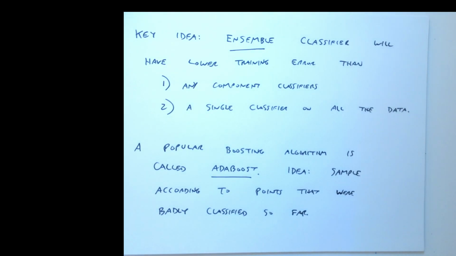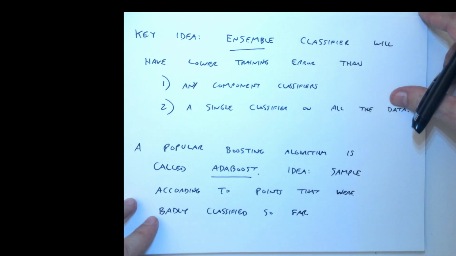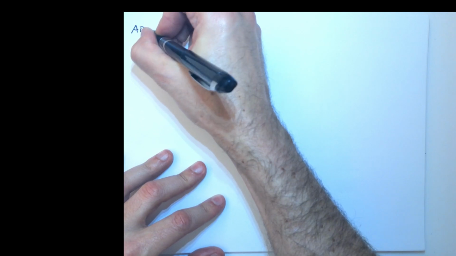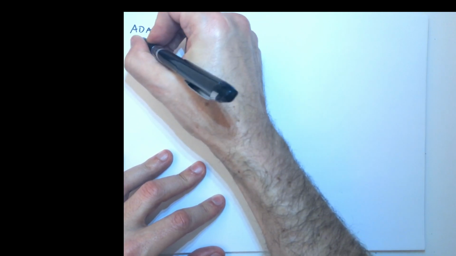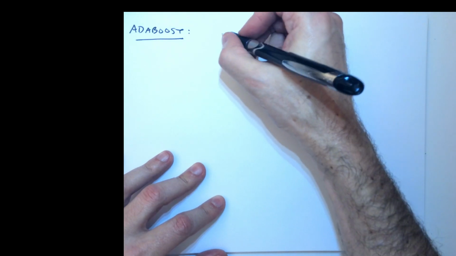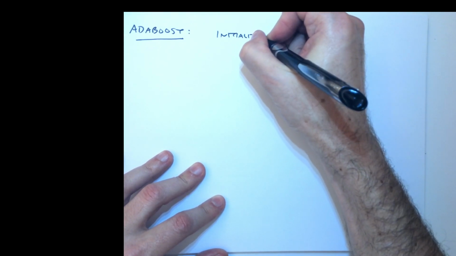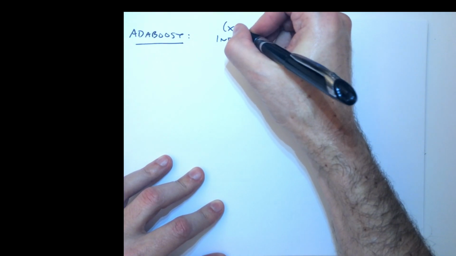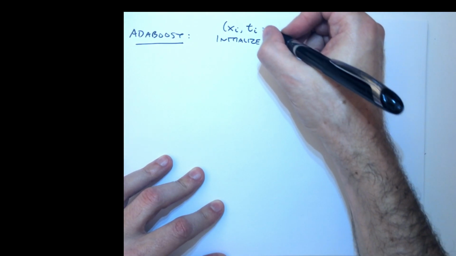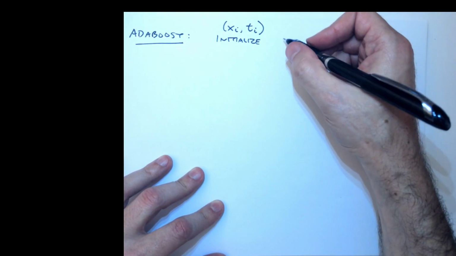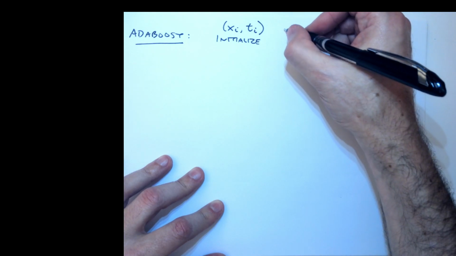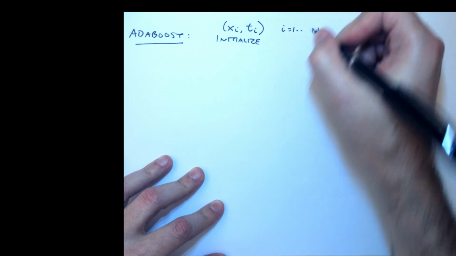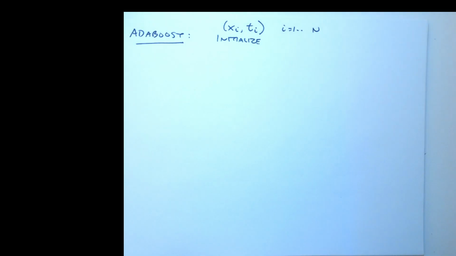Okay, so since I've not been very mathematical today, let me write down one mathematical algorithm here. So here's the AdaBoost algorithm. Basically, the first thing I do is initialize. I have a setup where I have x_i, t_i points for n data samples, right?